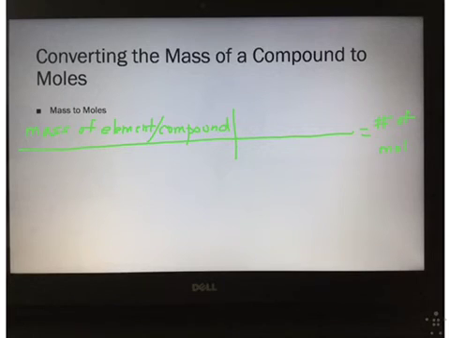So I've got my initial setup here. What has been given to me is the mass, so I will be given a mass in grams, and my goal is to get to a number of moles. So the conversion factor that we have to use has to have mass in the bottom, so grams has to go in the bottom.